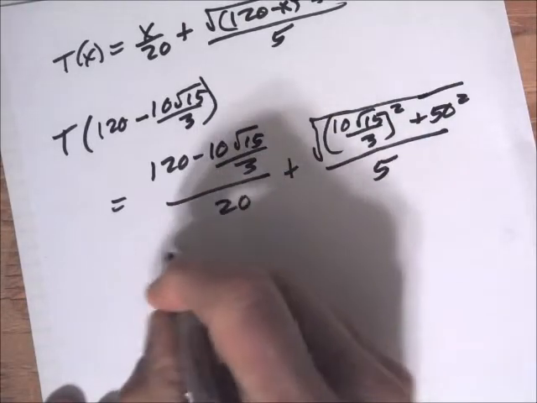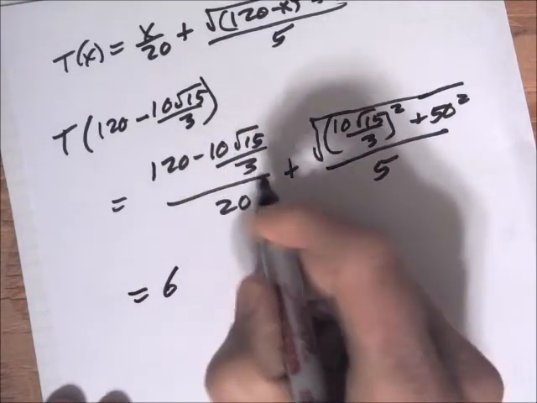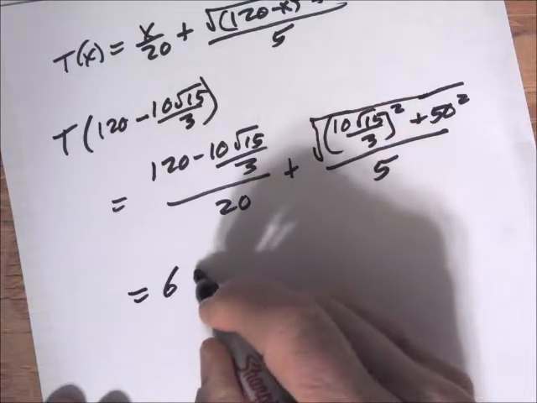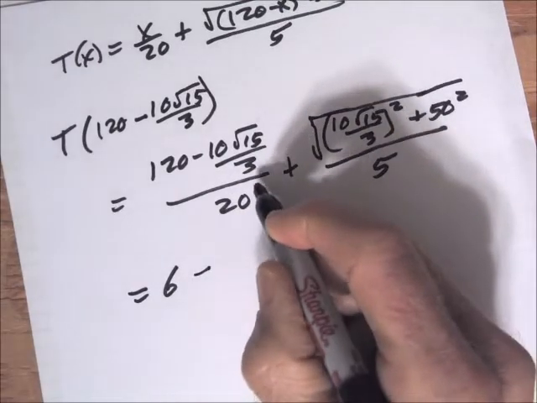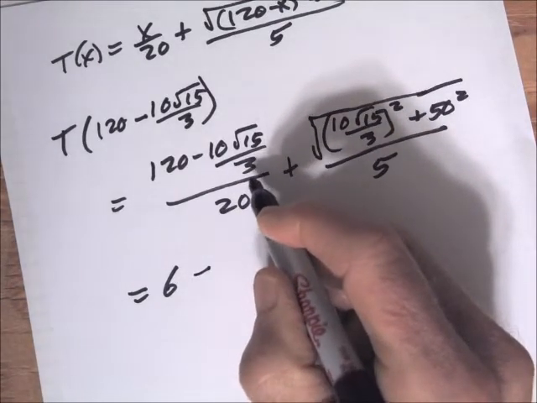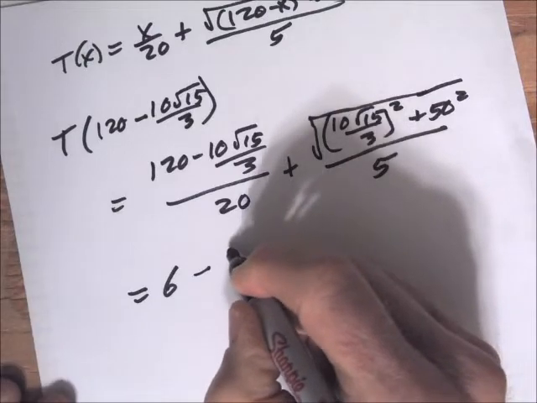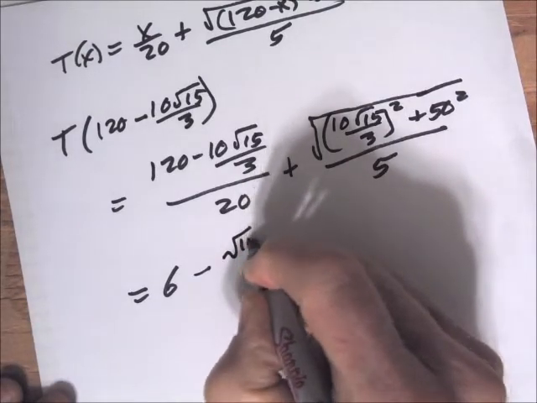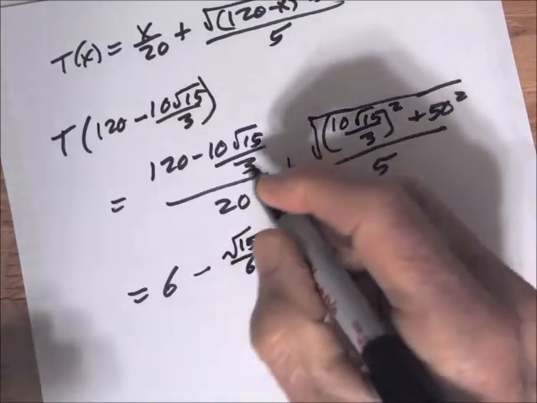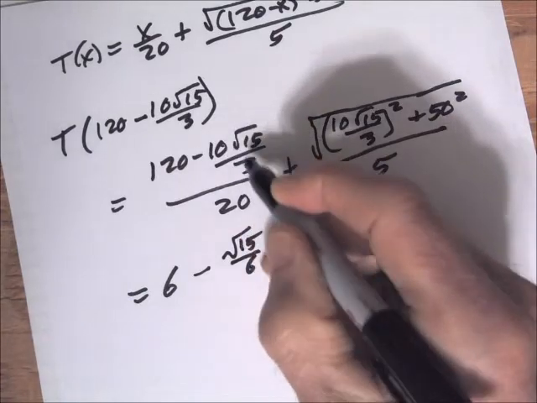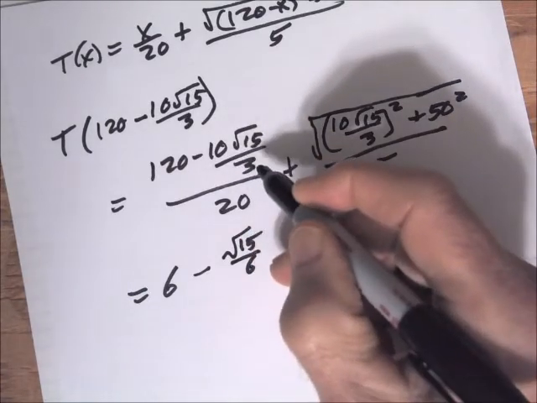So 120 divided by 20 is 6, and this will be minus root 15 over 6. It's going to be 10 over 60, which is 1 over 6.